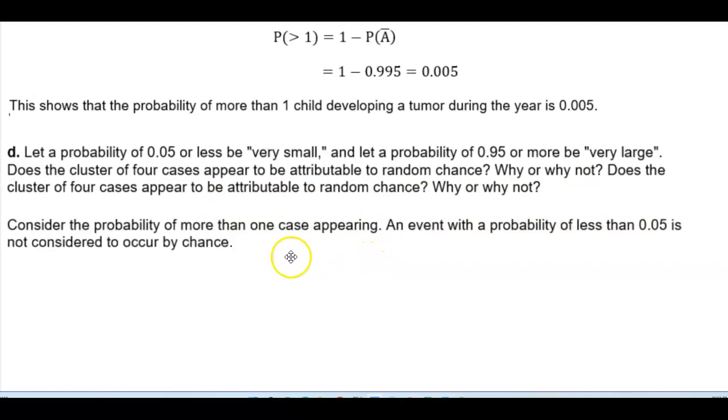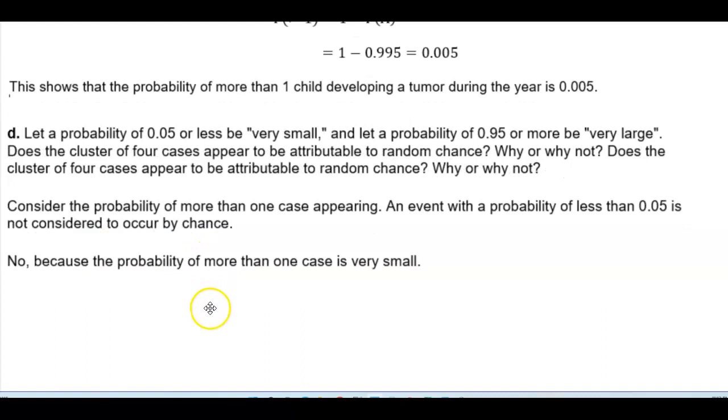Well, consider the probability of more than one case appearing. We get the probability to be 0.005. That means an event with a probability of less than 0.05 is not considered to occur by chance. So therefore, because 0.005 is less than 0.05, we would say no, because the probability of more than one case is very small.